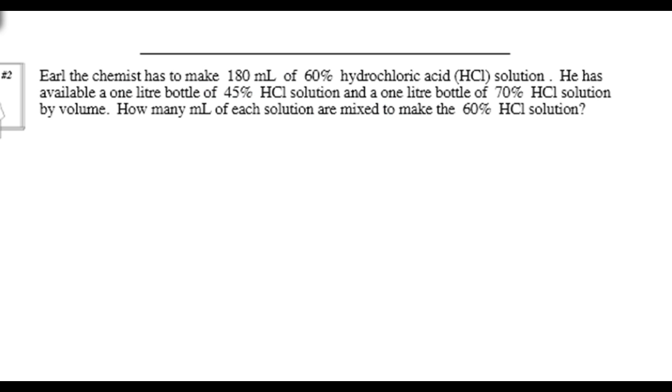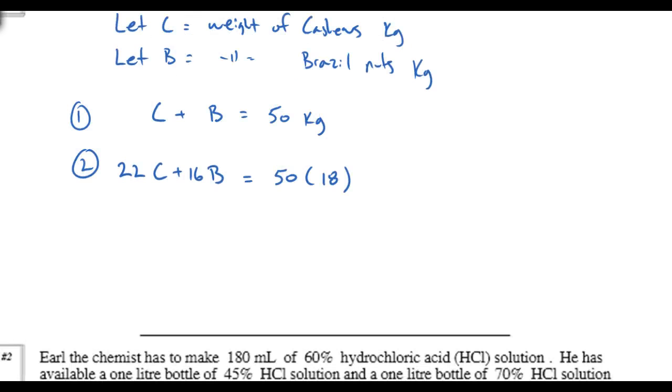Okay, and now I basically have two equations, and we can go ahead and use our system of equations. The easiest thing that we can probably do is just multiply the top by 22. So we'll get 22C plus 22B, and then 22 times 50 is going to be 1100.